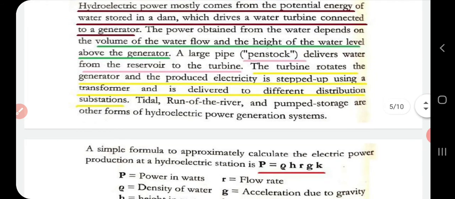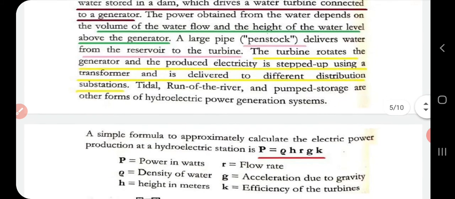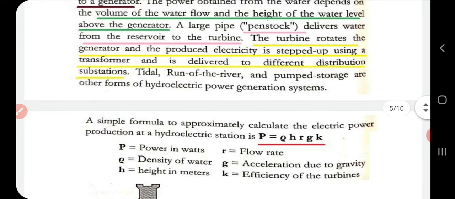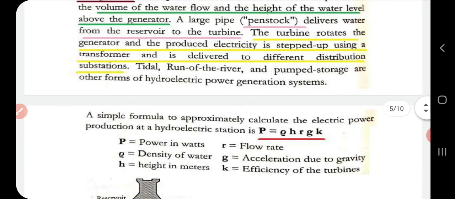The water is delivered from the reservoir to the turbine using very large pipes called penstock. The turbine rotates the generator and produces electricity, and this electricity is stepped up using a transformer and finally delivered to the desired locations.